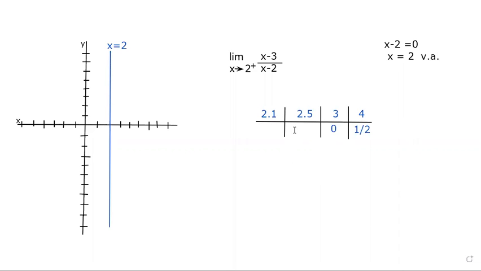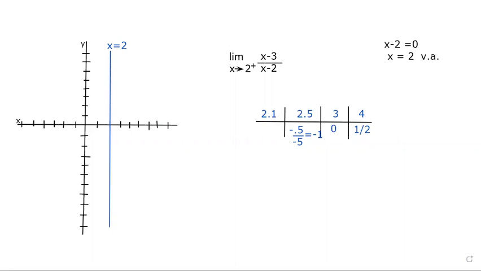If you were to plug a 2.5 in, 2.5 minus 3 would give you a negative 0.5, and that would be divided by 2.5 minus 2, which will give you 0.5. So of course, this would simplify to -1.